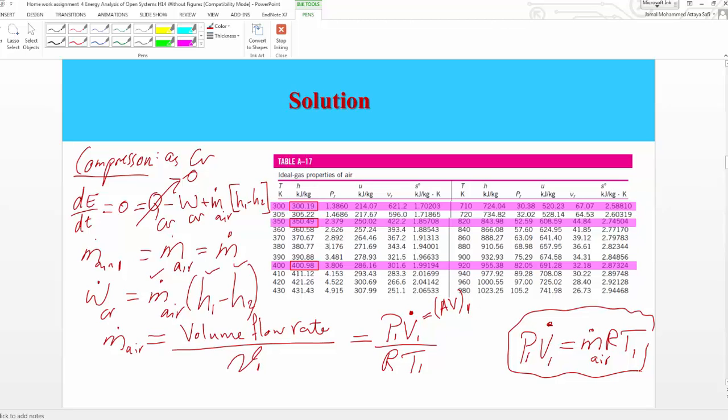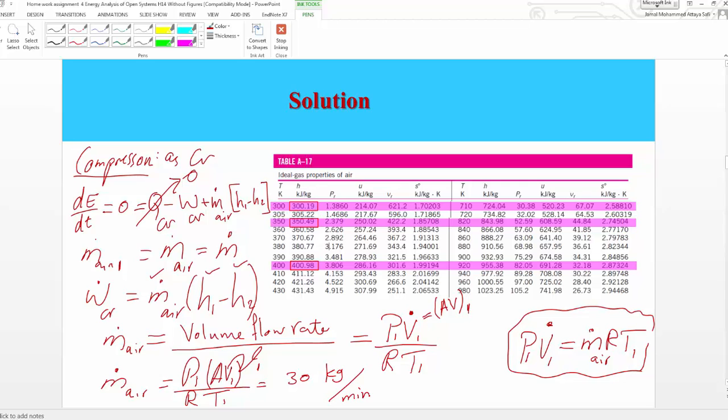I can apply it here to find the mass flow rate of the air. So again, the mass flow rate of the air will equal P1, which I know, times V1, the volume flow rate, which is also given, divided by R, which is constant, multiplied by T1, which is also known in the problem. If you do so, you get 30 kilograms per minute.